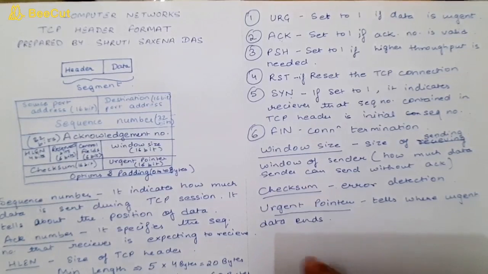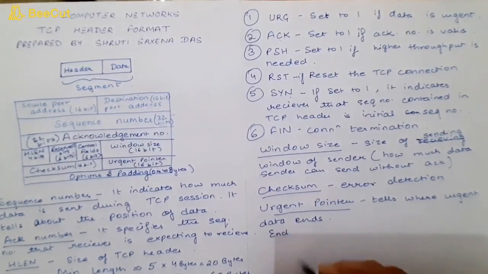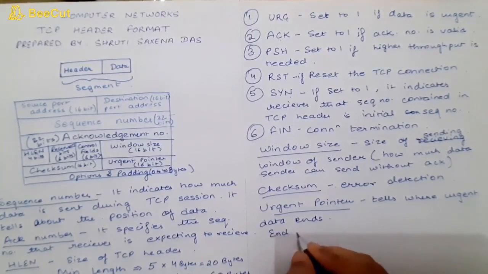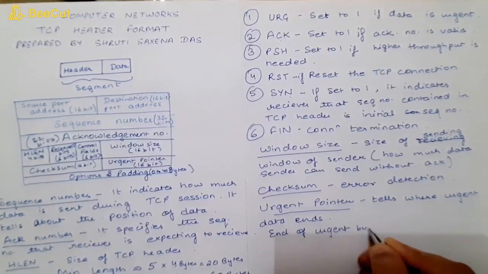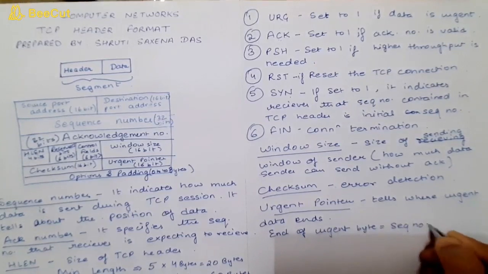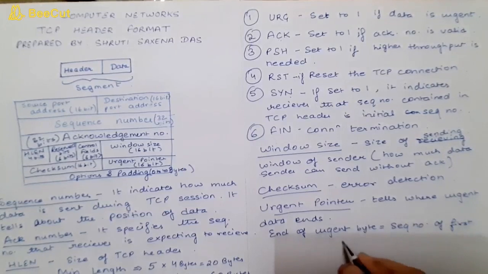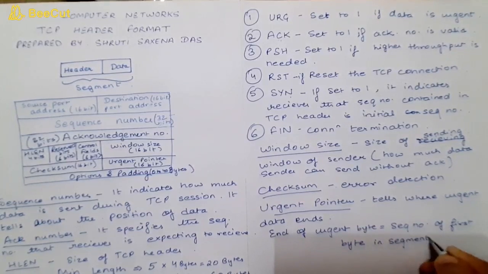So how is it computed, where the data ends? The end of the urgent byte will be calculated with the help of the sequence number of the first byte in the segment. So simply you need to use the sequence number of the first byte of whatever segment you are sending, plus the urgent pointer.